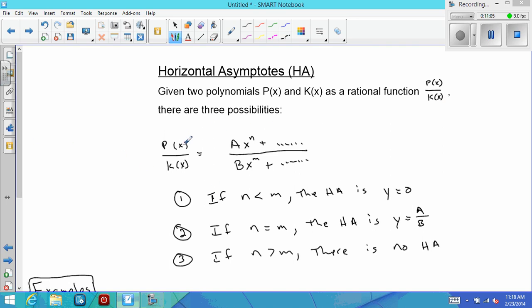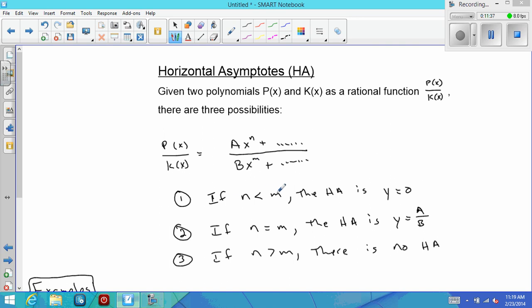If I show p of x over k of x as a times x to the n plus whatever other terms we have here, the very first term is what's important here, over b times x to the m plus however many terms. So again, these are the leading coefficients and leading terms of p of x over k of x. Okay? What we're looking at is the degree of the two polynomials, n over m.